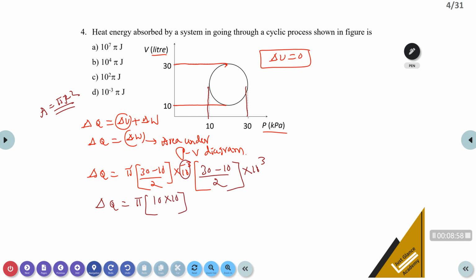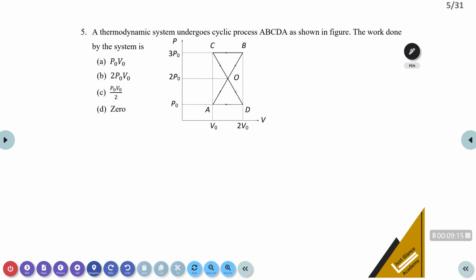Of course, the 10 to the power of minus 3 and plus 3 cancel, equal to 100 pi joules. So 100 pi means 10 to the power of 2 pi joules is the correct choice.